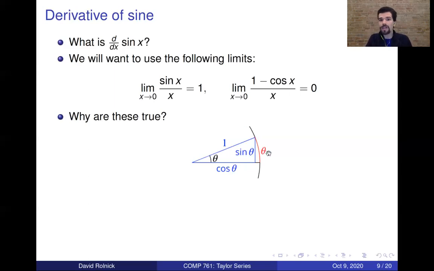And so 1 minus cosine x, this black segment, over x, which is this arc, this is basically like the hypotenuse of a triangle, and this is the near side of the triangle. As the angle of the triangle gets really big, you can think of this as a little right triangle, basically. And so 1 minus cosine of x over x equals 0.